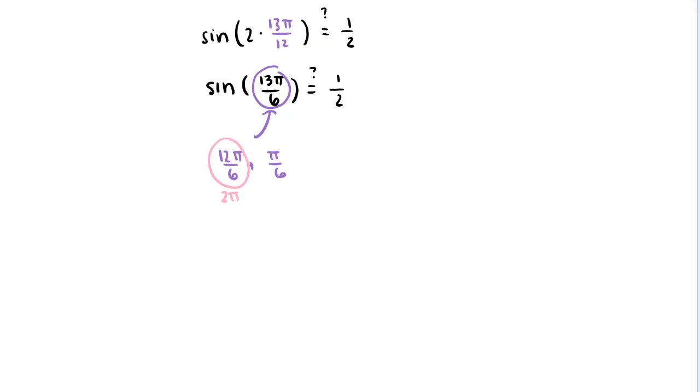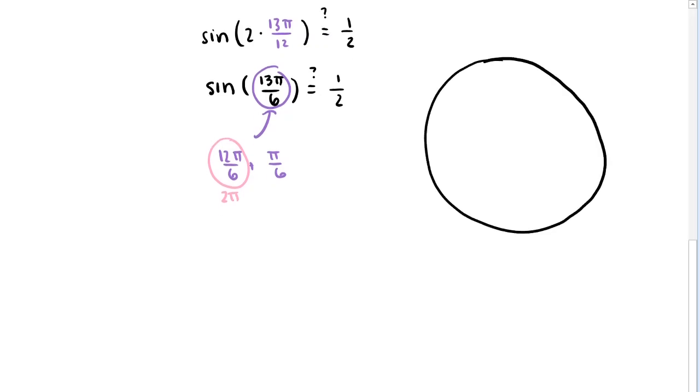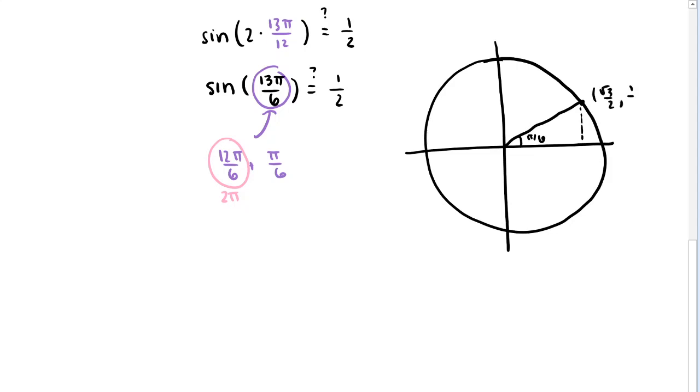So here, if I look at my unit circle, what we're saying with this 13 pi over 6 is that's pi over 6, which corresponds to the point square root of 3 over 2 comma 1/2, added on with this 2 pi.